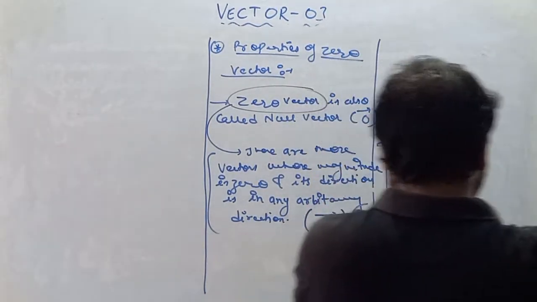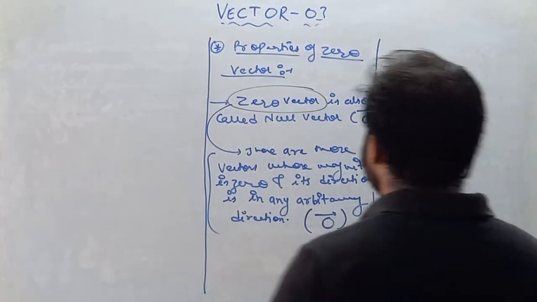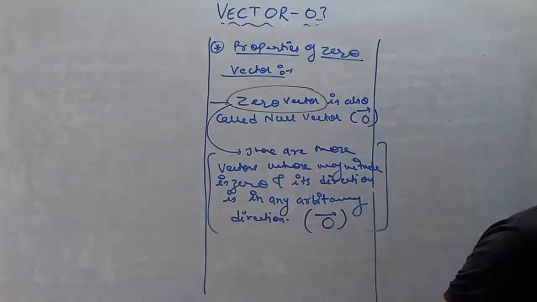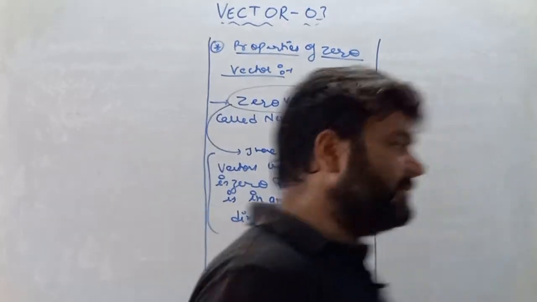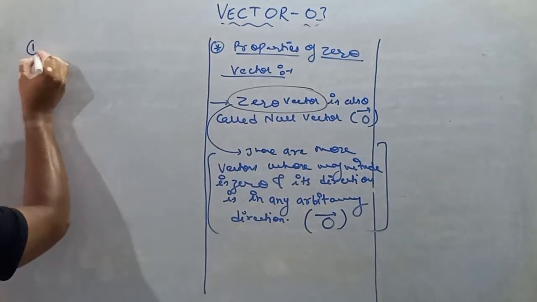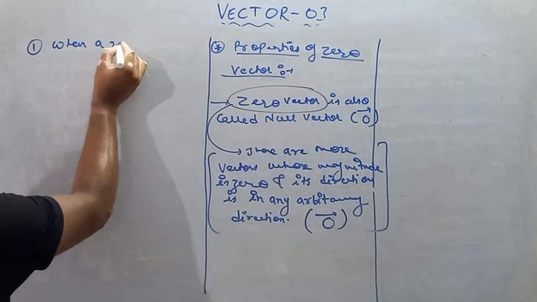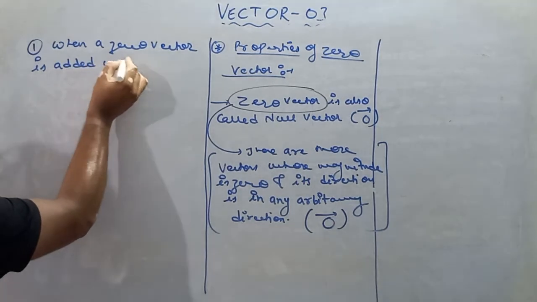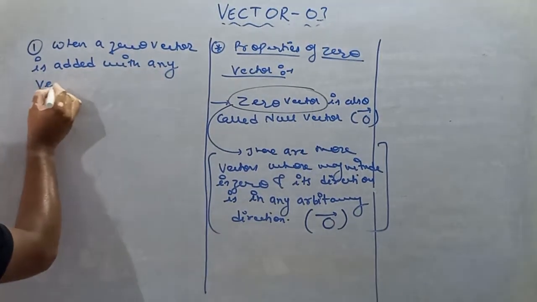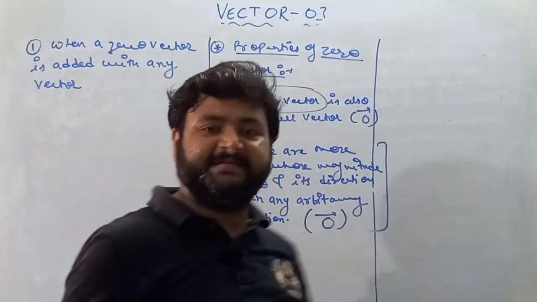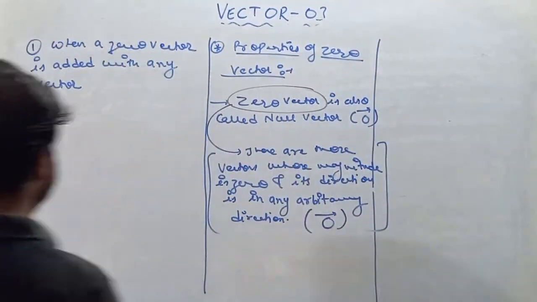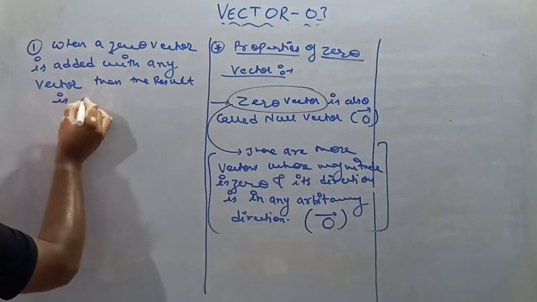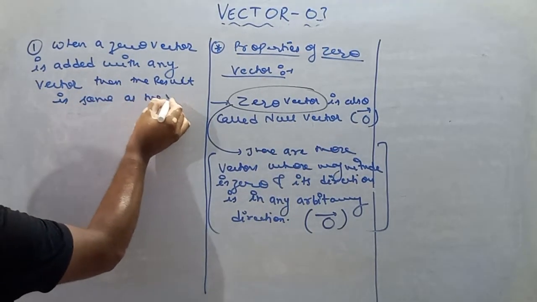Write down the first property. When a zero vector is added with any vector, the result is the same as the vector.